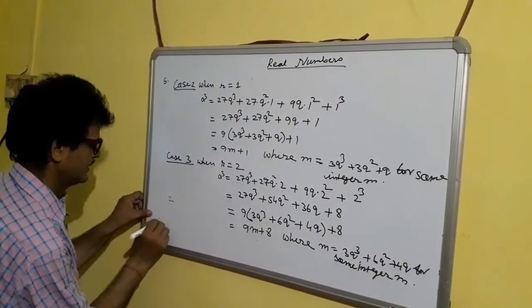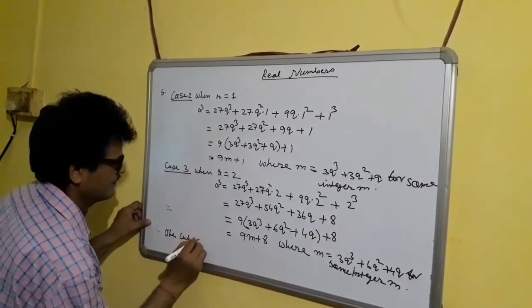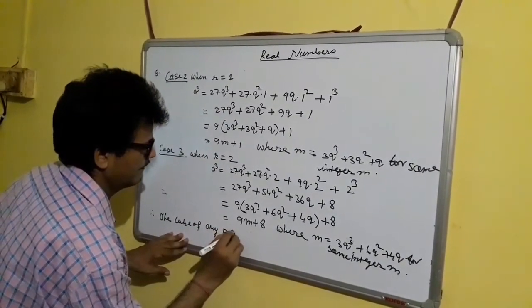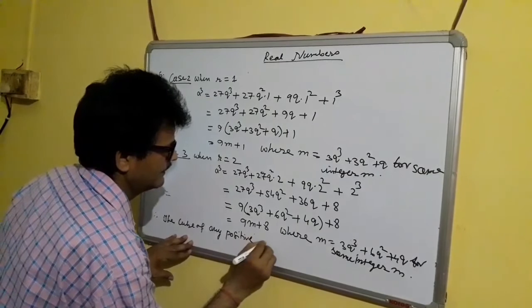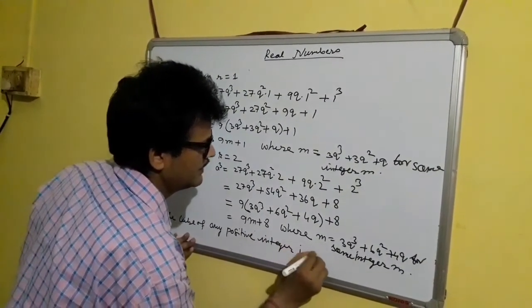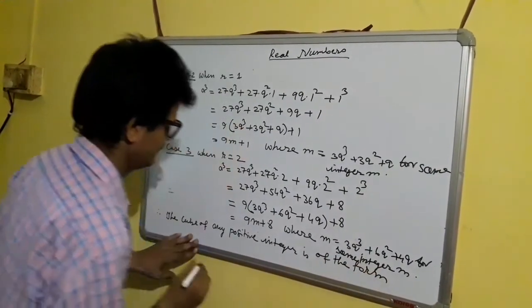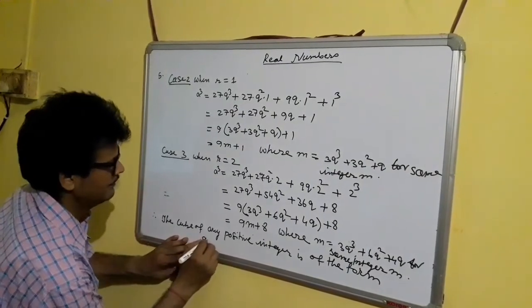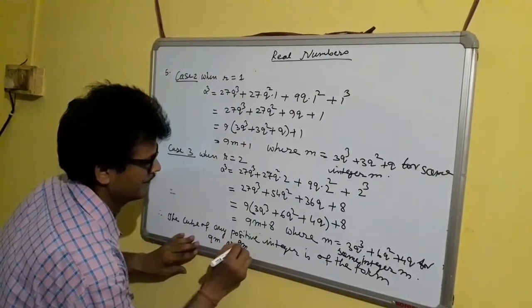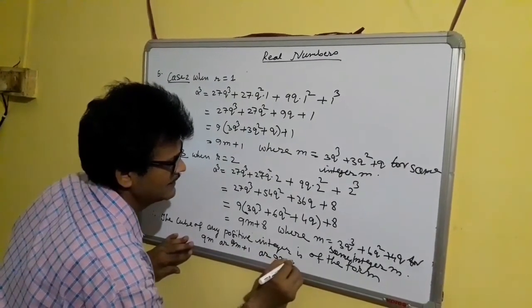Therefore the cube of any positive integer is of the form 9m or 9m plus 1 or 9m plus 8.